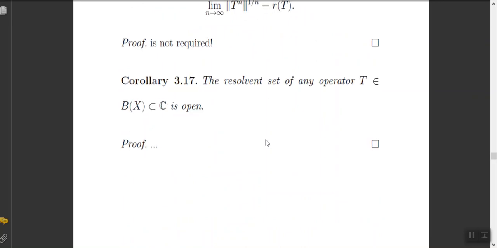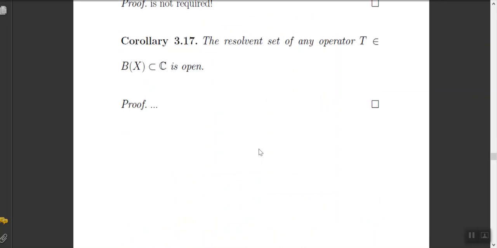And we have another corollary here that we already talked about. The resolvent set. Okay, there should be a typo here, let me fix this one.